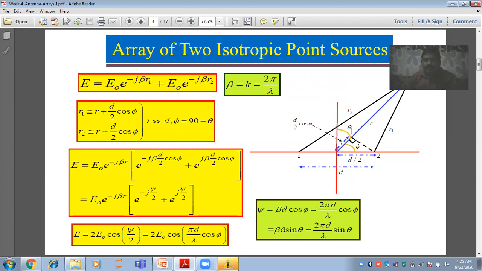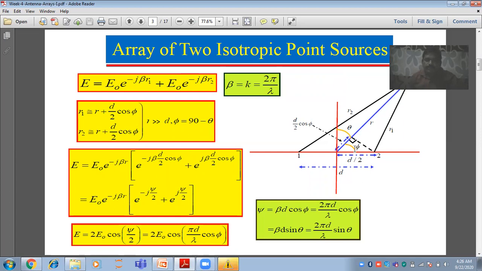Let us say this angle is some theta, and here you draw a line like this onto the line R. Let us say this angle is phi, and this angle is almost a right angle.